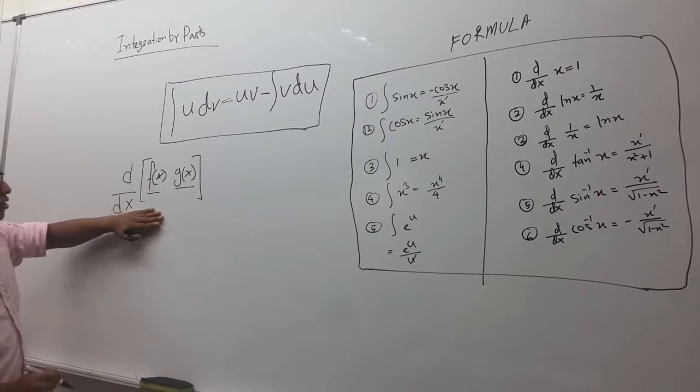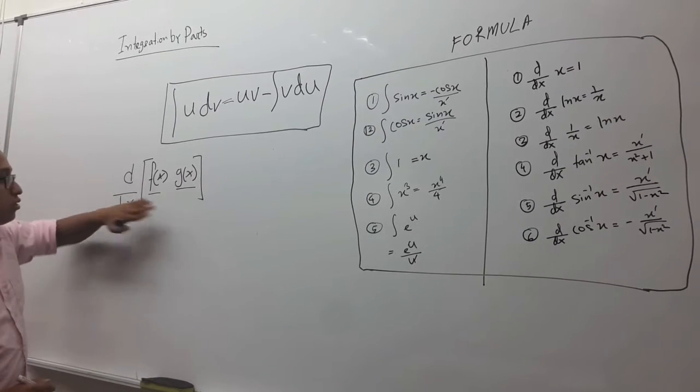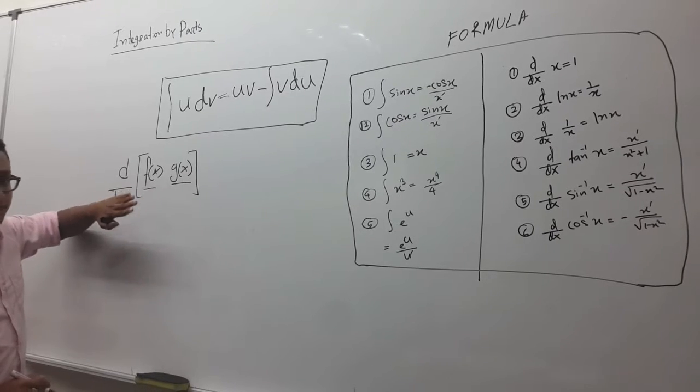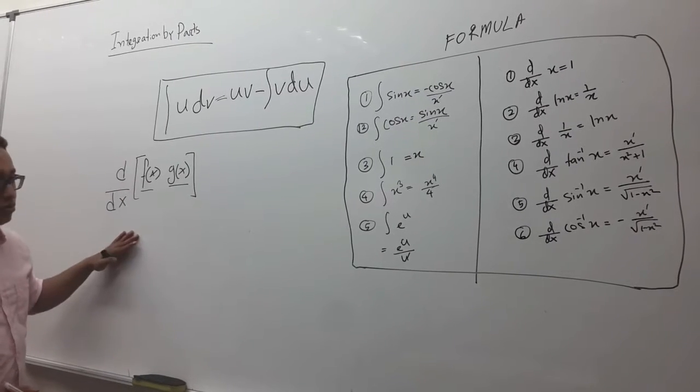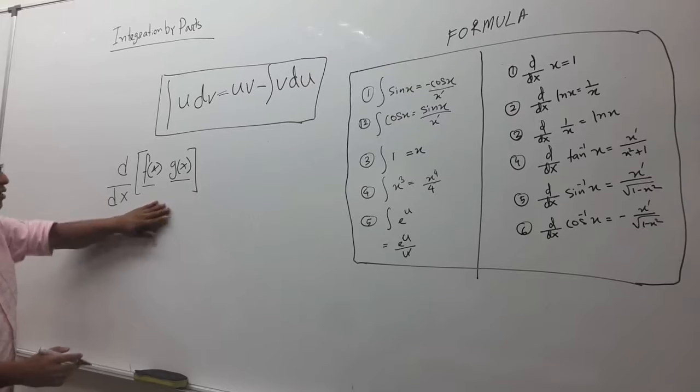So first of all, how can we differentiate these two functions? To differentiate these two functions, we have to use another formula, which is the product rule. Okay, so what is the product rule?